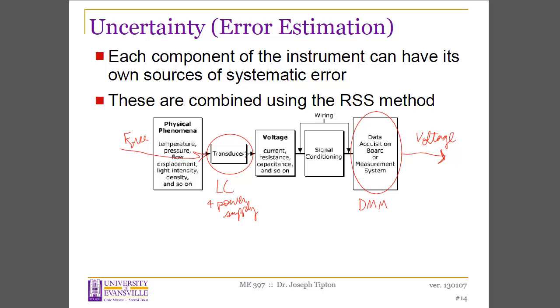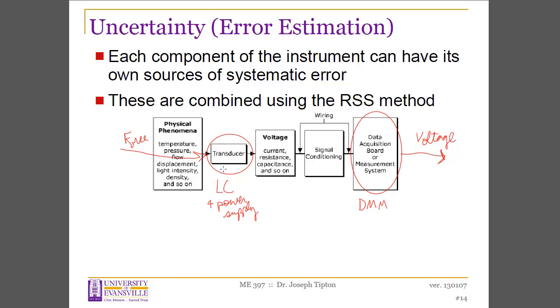Okay, so how do I combine both error sources? Well, remember from last week, the digital multimeter might have a resolution error, it might have hysteresis, repeatability, linearity. So we would combine all of those using the root sum square method to get the total uncertainty of the digital multimeter.